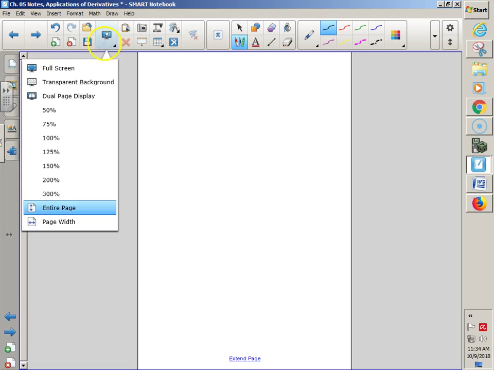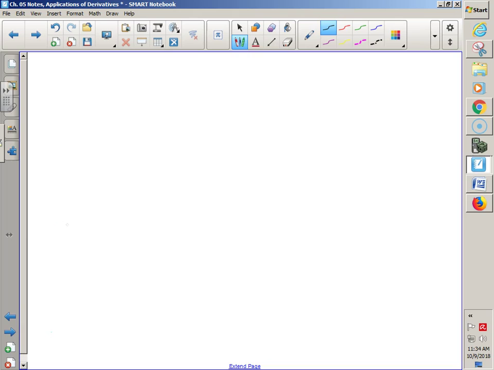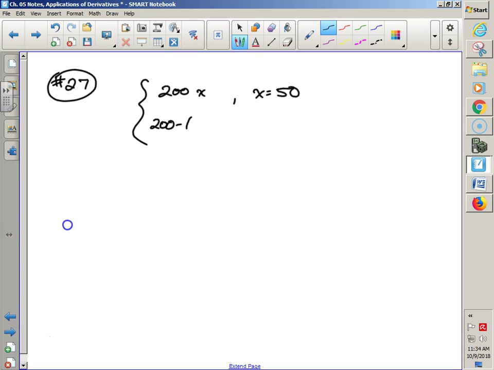Okay. Maggie. What were the equations in number 27? 200x for the interval x equals... Well, I figured you wrote it down since you were asking about it. And then it's 200 minus x minus 50 times 2, and then all of it will have x, and then the interval is 50 is less than 2. I got it, don't worry.